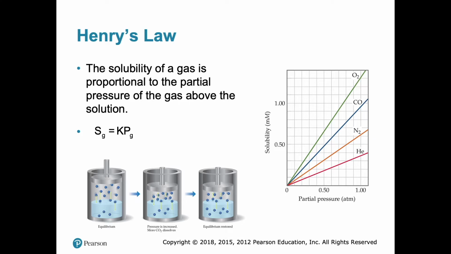So there's this thing right here called Henry's Law, and Henry's Law says that the solubility of a gas is proportional to the partial pressure of the gas above the solution. Here's the equation: here's the solubility of the gas, and this is the partial pressure of the gas. K is just a constant, and all you really need to know is that both of them are on top. They're both numerators.